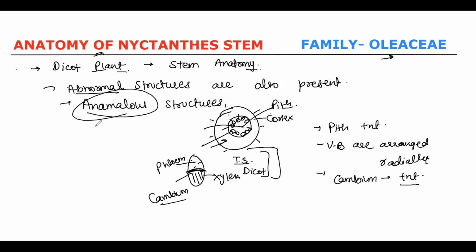So what are the abnormalities or anomalous structures that we will see? We will quickly draw the transverse section or the TS of the Nyctanthes stem. Then we will see the anomalous secondary growth or the abnormal secondary growth.